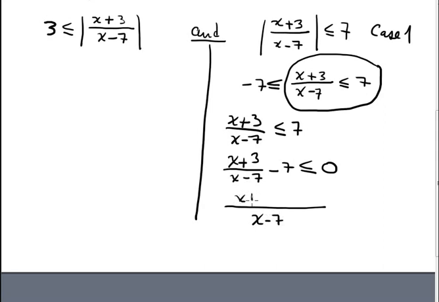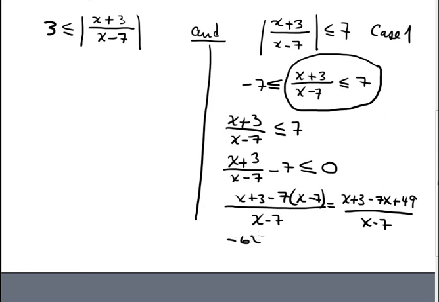This is x plus 3 minus 7 times x minus 7, which is x plus 3 minus 7x plus 49 over x minus 7. We combine: negative 6x plus 52 over x minus 7 less than or equal to 0.